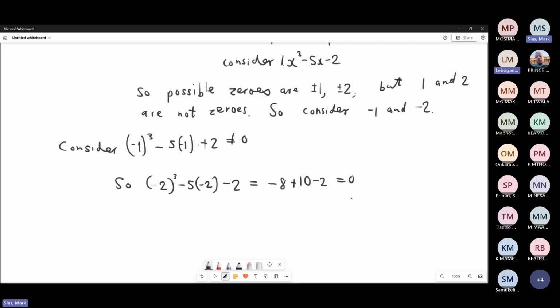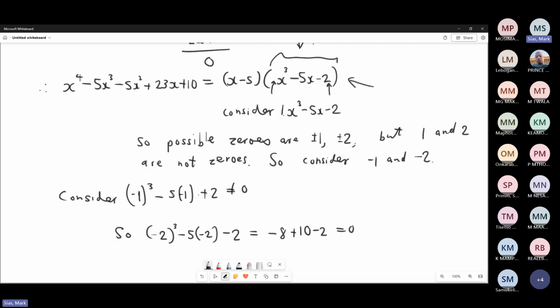So we can see that -2 is indeed a root. It's a 0 of x to the 4 minus 5x cubed minus 5x squared plus 23x plus 10. If it's a 0 of the smaller polynomial, then it's a 0 of the polynomial with greater degree also. You can test that, okay?